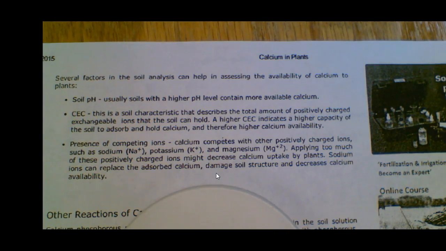So if we apply too much of any of these positively charged ions, we can decrease calcium uptake by the plant. So sodium ions can replace the adsorbed calcium, damage soil structure, and decrease calcium availability, which is what happens in a saline soil. Okay, that's exactly what it does.